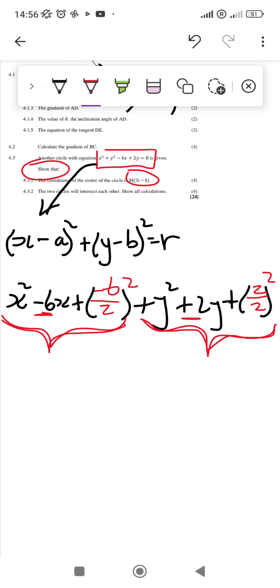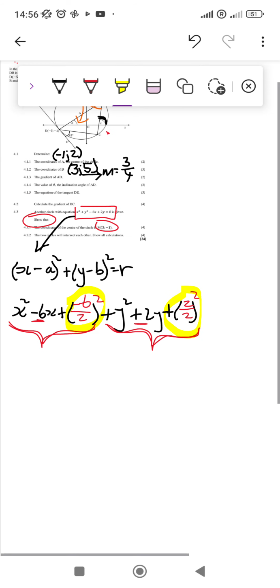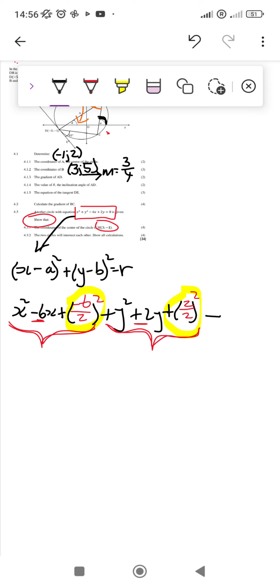But we included something that was not originally in our question. Let's highlight this for ourselves quickly. So this part was not in the original question. Similarly, this one was not in the original question. So it's not okay for us to add things that were not originally there, unless we do it on both sides. Here we have an equation, there's an equal sign, so we can do this on both sides.